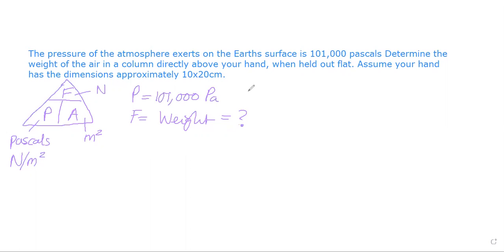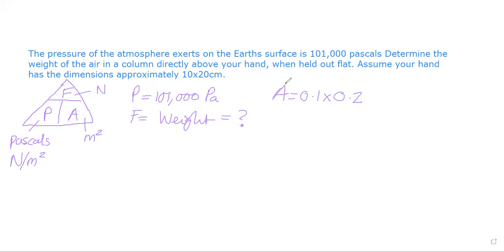We also have the area, and the area, it says it's 10 by 20 centimeters. How many centimeters are in a meter? Well, hopefully you're saying 100. So that means to convert centimeters into meters, we need to divide those numbers by 100. So 10 divided by 100 is 0.1, and 20 divided by 100 is 0.2.